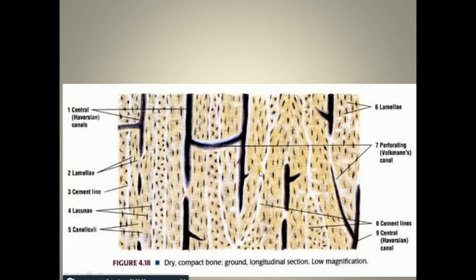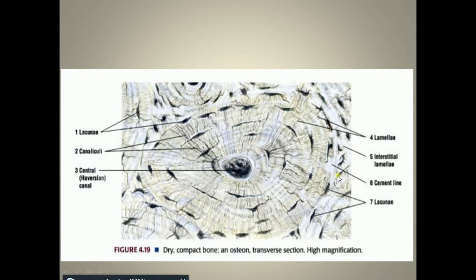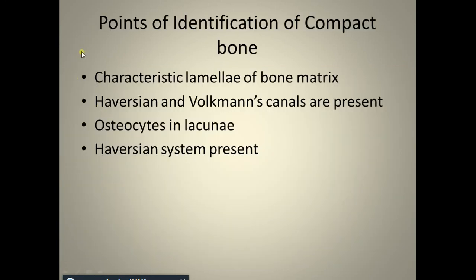ये longitudinal section है. This is the cross section, and this is a high magnification, the one osteon under a high power. So what are the key points of identification of the compact bone is the characteristic lamellae of the bone matrix. You can see a characteristic concentric arrangement of the bony layers. यहाँ पे concentric add कर दीजिएगा.